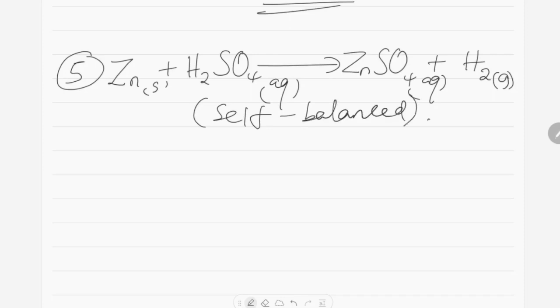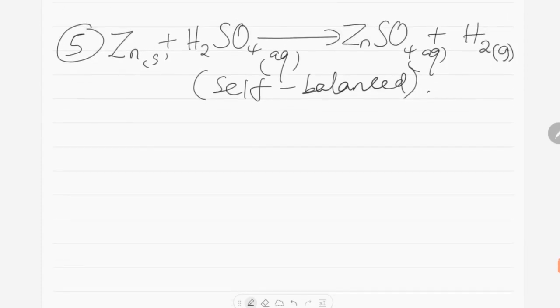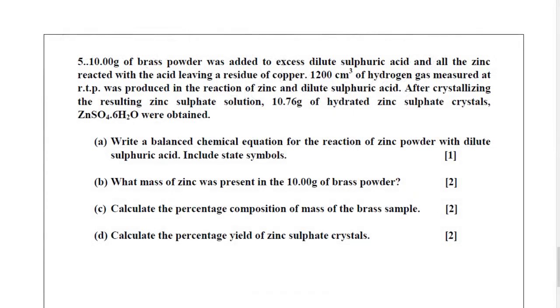Okay, let's look at the second part of the question. What mass of zinc was present in 10 grams of brass powder? For us to find the mass, we should first find the moles.